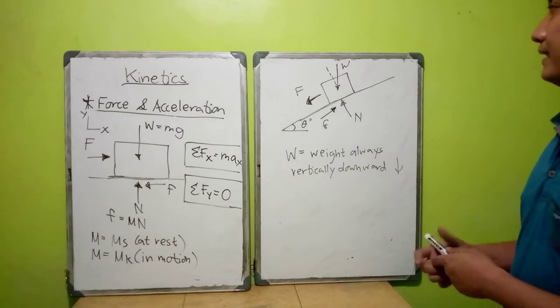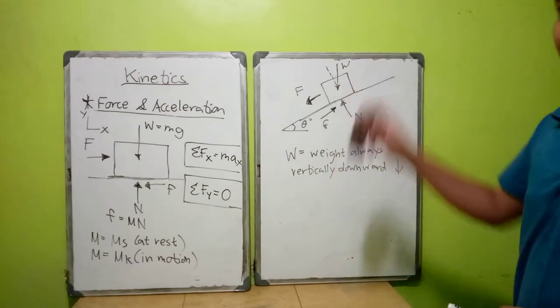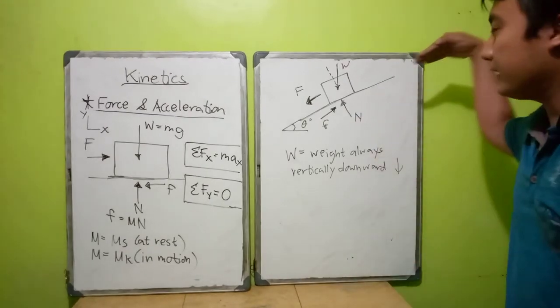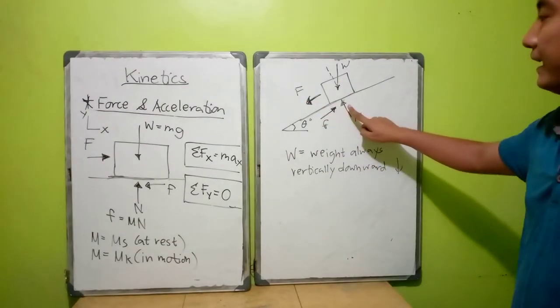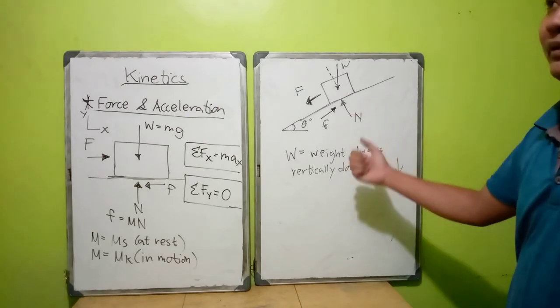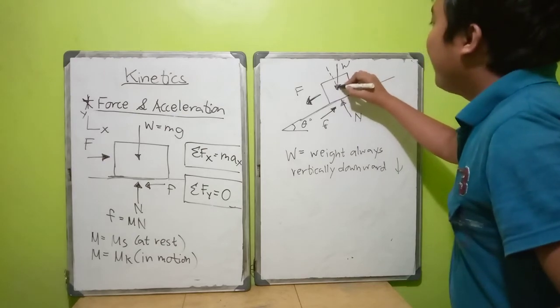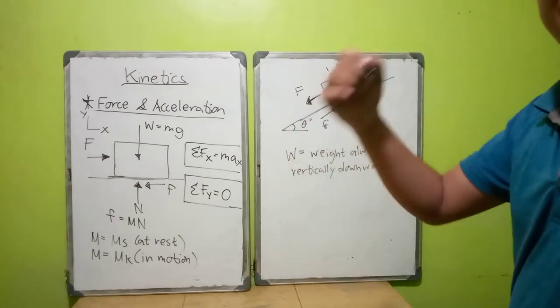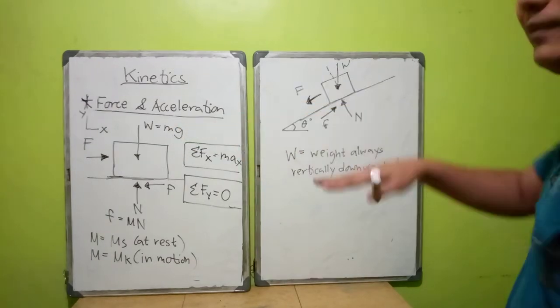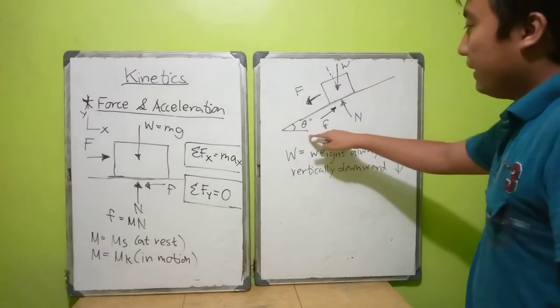So that is the case of weight. It is always in the downward direction. It is never at some angle with the horizontal or vertical. So your W will always be 90 degrees relative to the horizontal. It is always vertically downward.